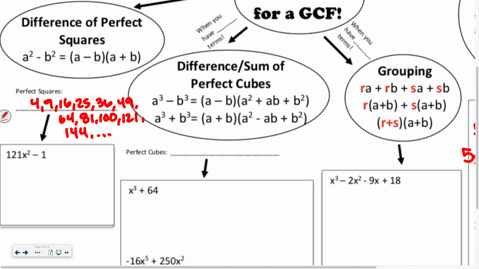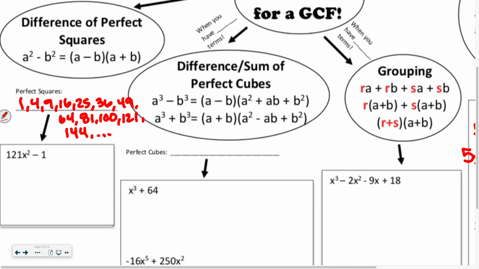Which one did you forget or leave off? 121. Alright, 1 squared, 2 squared, 3 squared, 4 squared, 5 squared, so on and so on. That should be a list of numbers you could just rattle off. 1, 4, 9, 16, 25, 36, 49, 64. And you can just run through that list, okay?